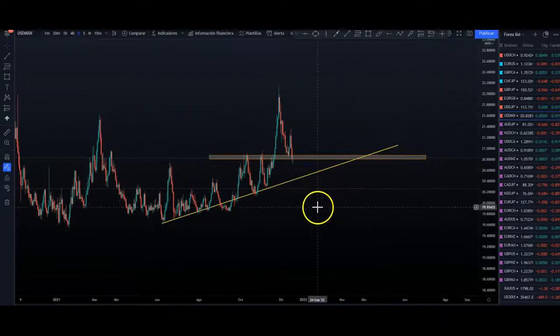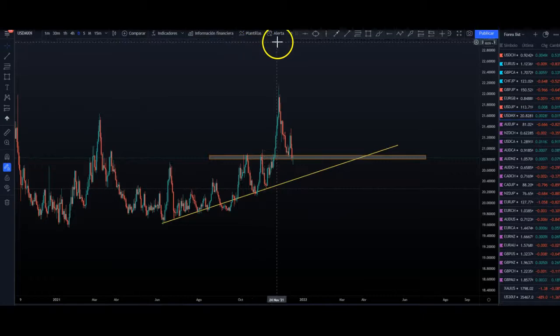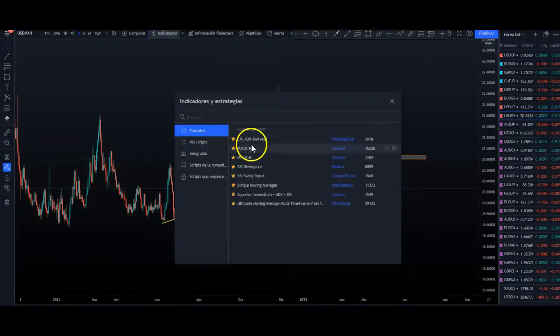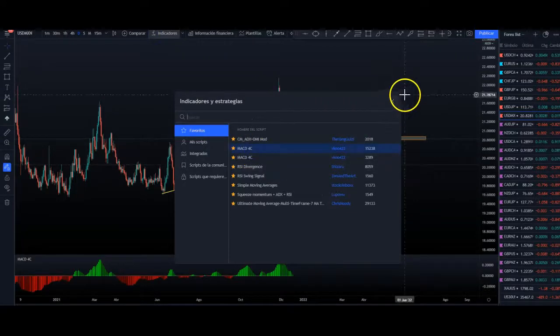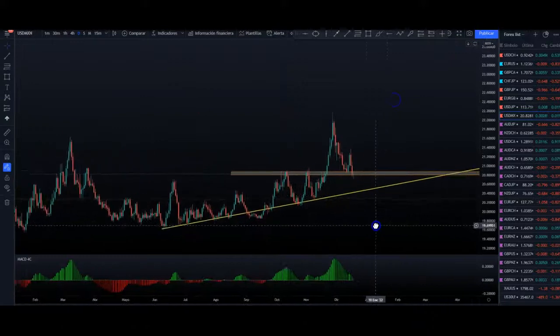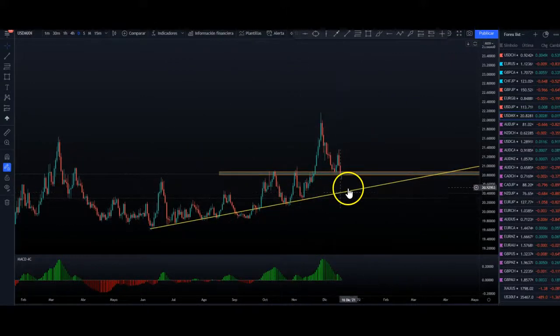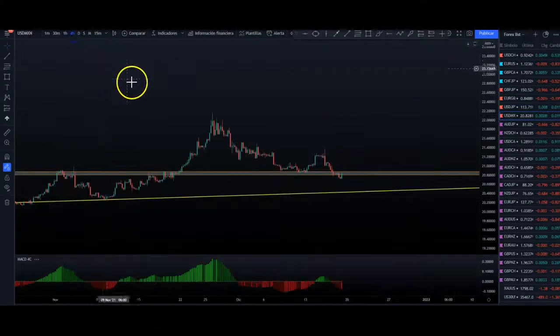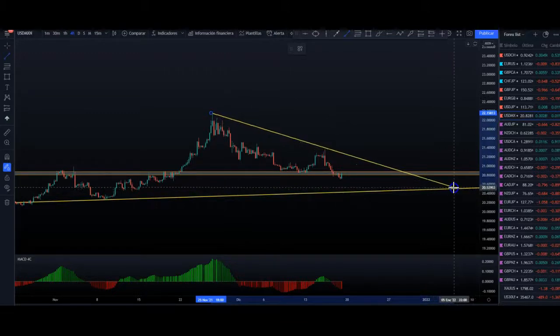In the sense that now we have, let me get the MACDs to see if we have divergence. There it goes. Okay, that is the daily, and now I'm going to put my 4-hour trend line right here.